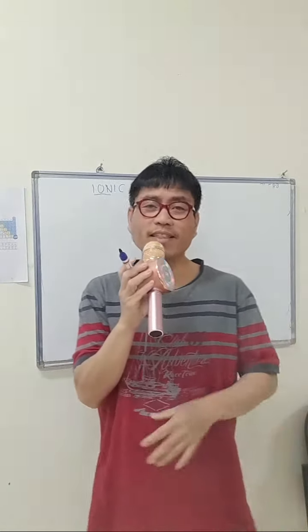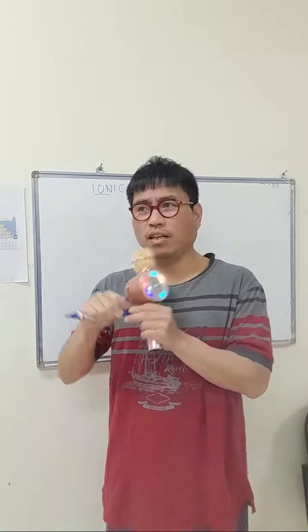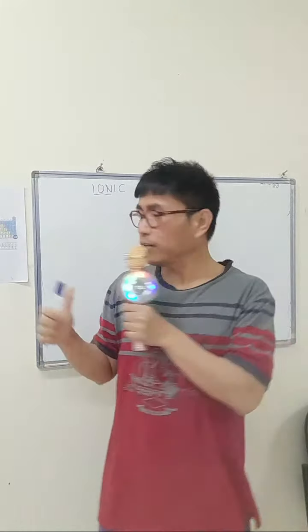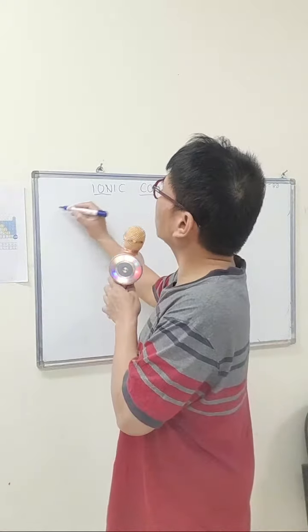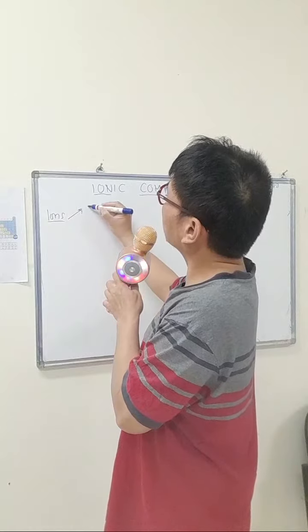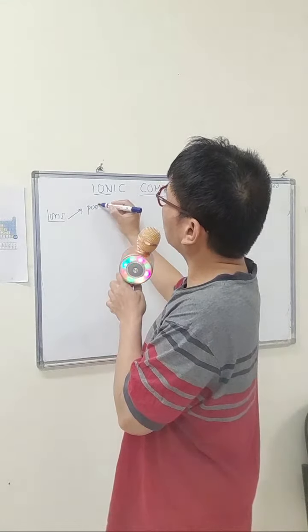When can an ion be generated and produced? When we say ion, that is a positively charged ion and a negatively charged ion. I'll put that here, right? So, ions, two types.